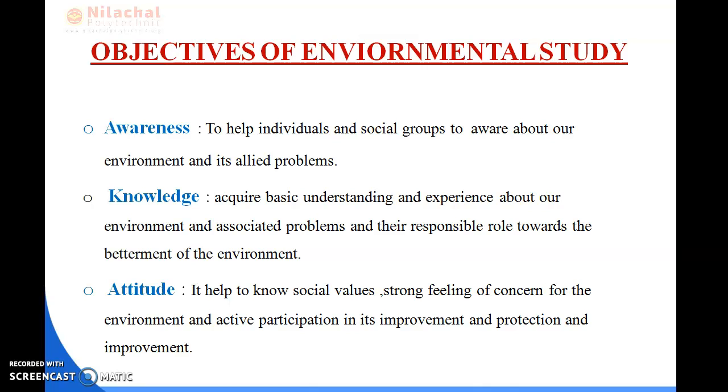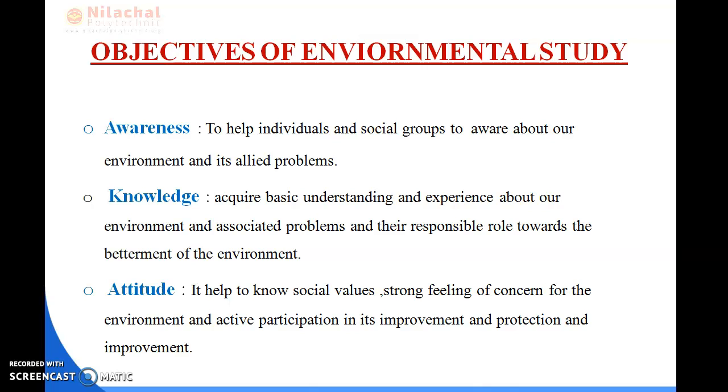First we will know the main objective of environmental study. The main objective is to develop a world in which persons are aware of and concerned about the environment and the problems associated with it.